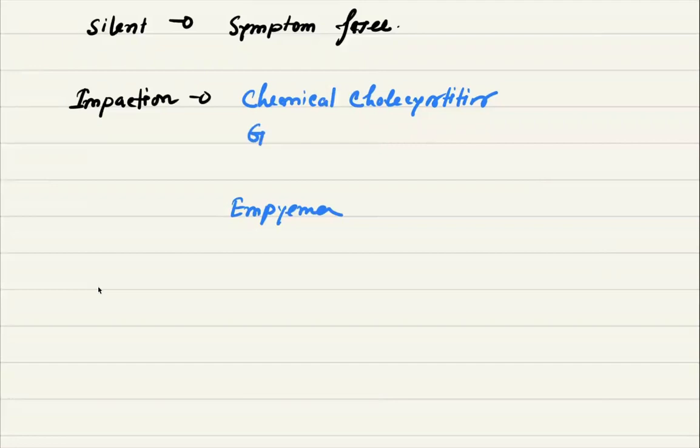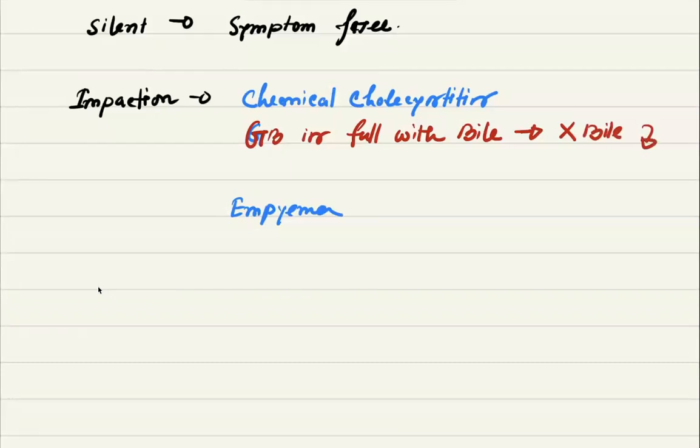The gallbladder is full of bile. Then there is impaction, and the bile cannot go out. So within the impacted gallbladder, what is left? The bile, right?